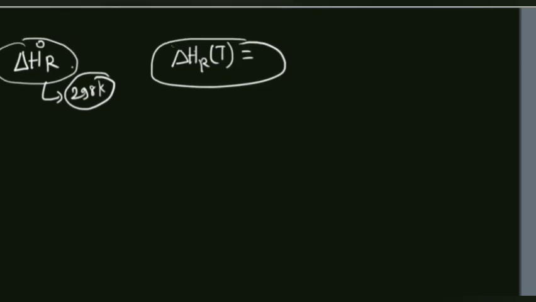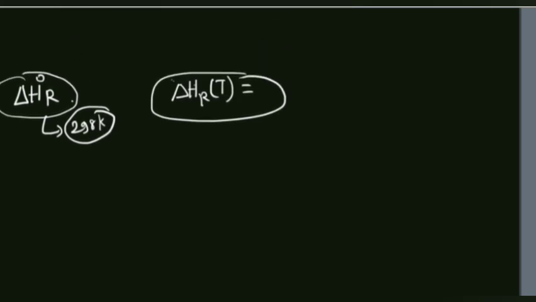Now, if the enthalpy of reaction, delta H of R, is a function of temperature, meaning it varies, because GATE is not going to give you a straightforward question, it will be varying. So how will we calculate it?